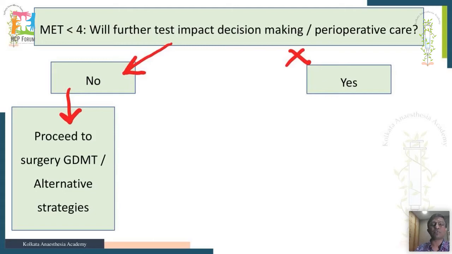So it typically happens when you are looking at high acuity cancer surgeries, that you do not have the time for doing things like revascularization or replacement. Then we proceed to surgery with goal directed medical therapy, or then we think, no, surgery cannot be an option for this. We have to think about alternative strategies or palliative strategies.